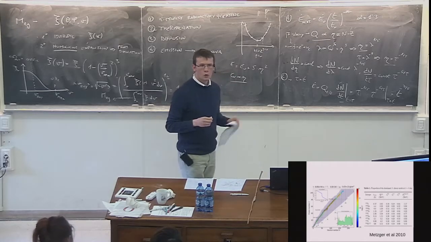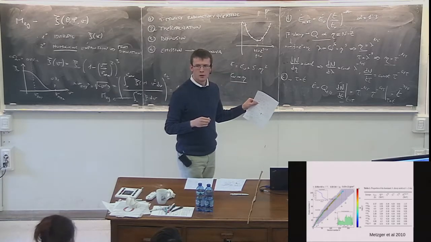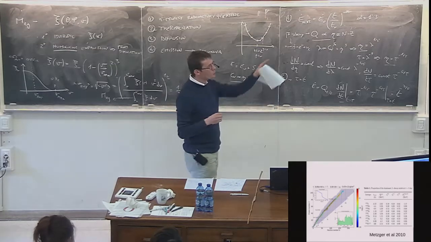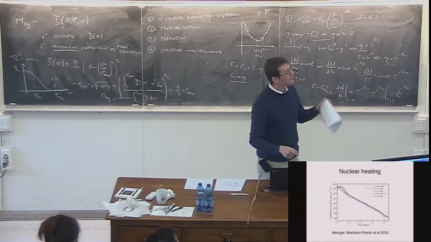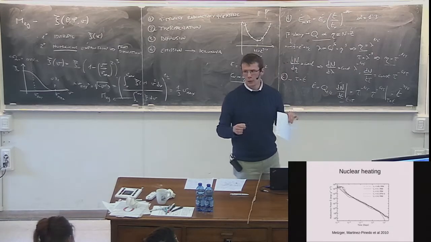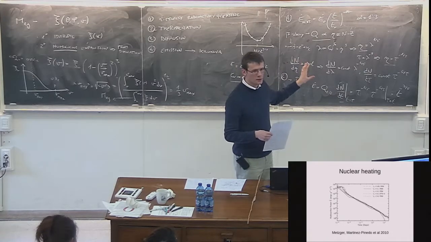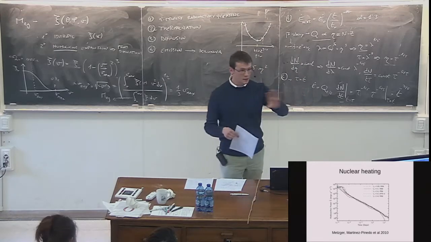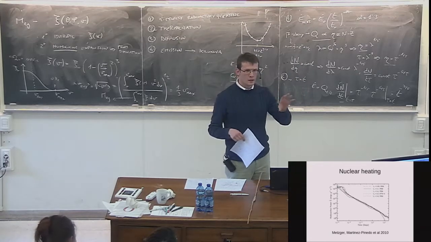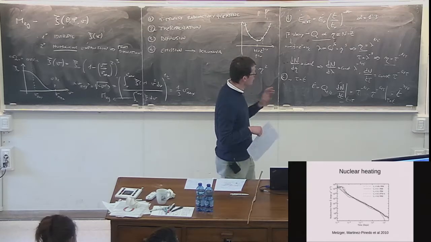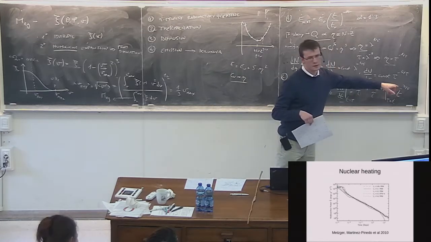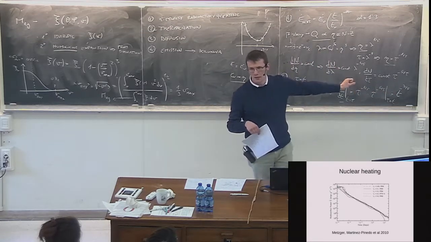What is 7/5? 1.4. It's not exactly 1.3 because this argument is somehow straightforward. There are some details, and if you take into account these details, it turns out that it has to be slightly smaller than that, and 1.3 is actually slightly smaller.